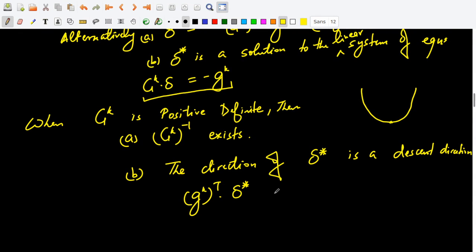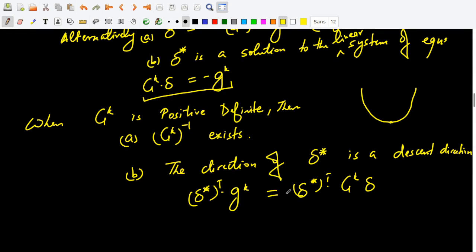Consider delta star transpose gk, and if I substitute the value of gk from above, this would be minus delta star transpose capital Gk delta star.